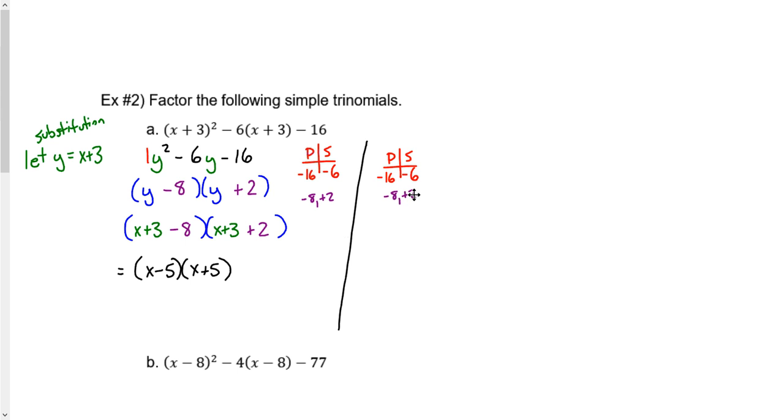The only difference is when we have it here, we're just going to write it as, okay, we have x plus 3 squared. Well, our first thing is going to be an x plus 3.